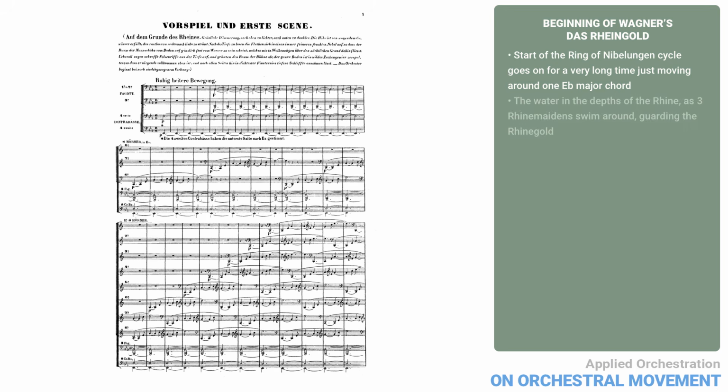This beginning represents the water in the depths of the Rhine, as 3 Rhine maidens swim around guarding the Rhinegold. I've only played the first 3 minutes here. Actually, this passage goes on much longer, still over the same chord.